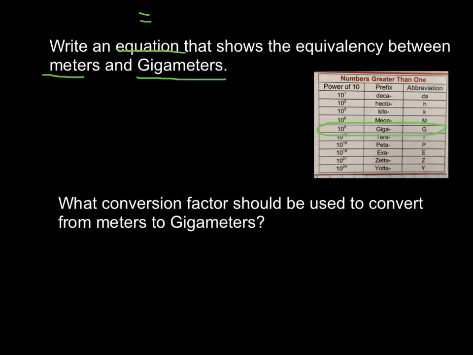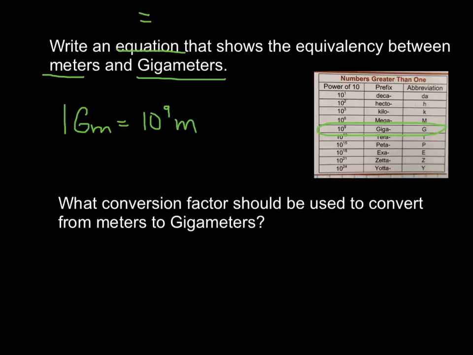Okay, so this is basically saying that 1 gigameter is equal to 10 to the 9th meters. That's what that means. It means that 1 gigameter is equal to 10 to the 9th meters. Okay, that is our equation. Now, a conversion factor is a ratio.